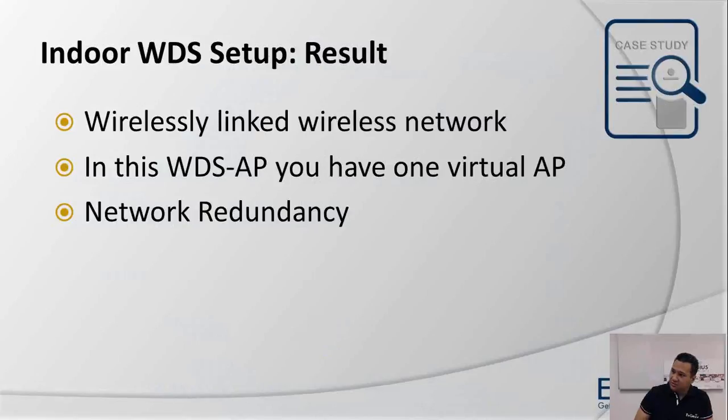So the result is a linked up wireless network, 1 virtual AP, and we have network redundancy in case one access point, for some reason, has a power drop out or something, then the other access points will still maintain the connection between the others, because you have a redundant data connection.